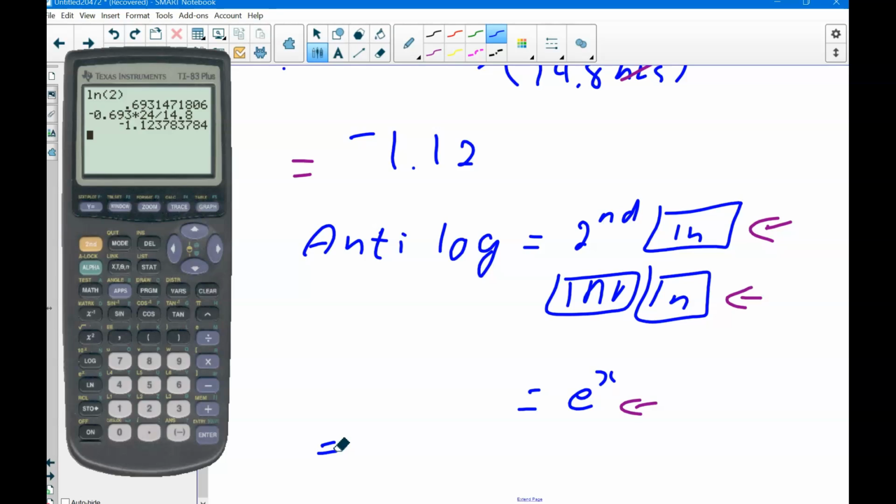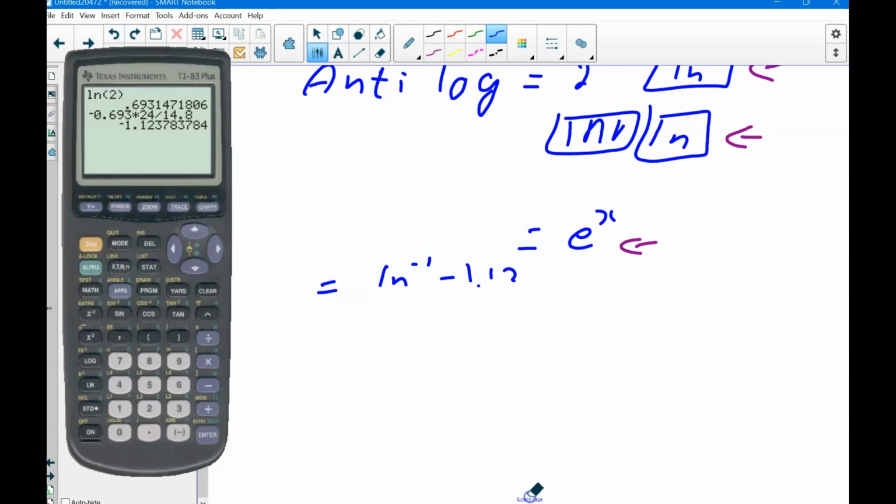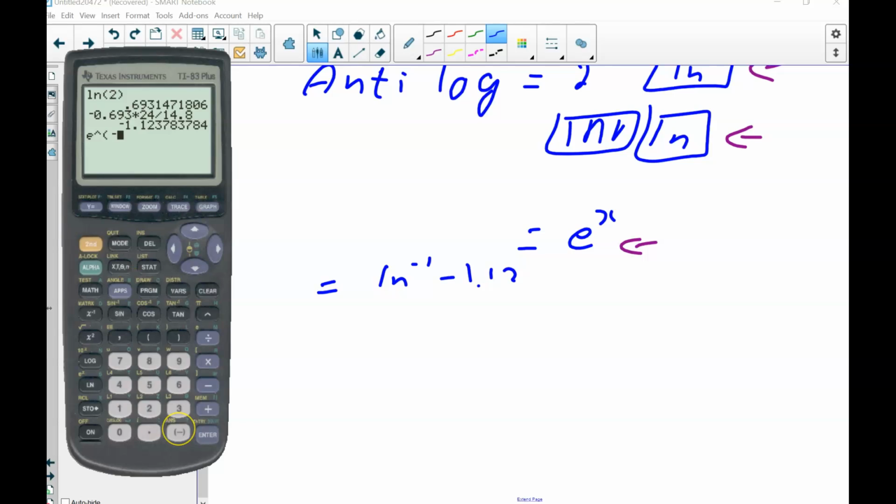Again, I'm not sure your math skills, but I would write it as log minus 1 of negative 1.12, and taking the inverse log of that, looks like this. Second function, inverse log. Oh, sorry, I'm going to put the number in here. 1.12.